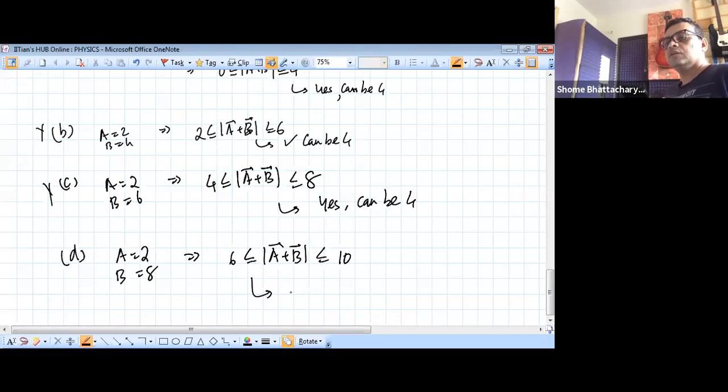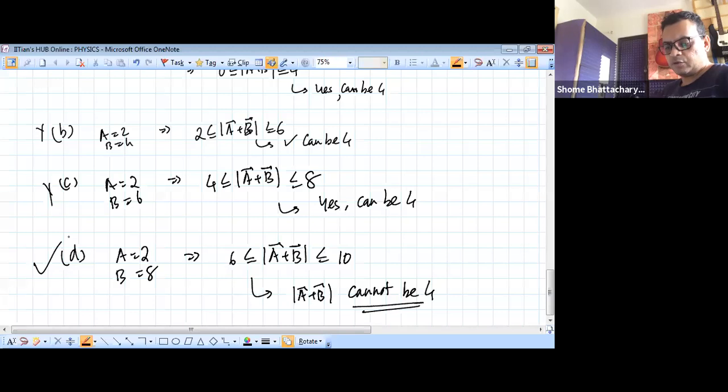Therefore the magnitude of A plus B cannot be 4, because 4 is below 6. So this becomes the right answer. So D should be the correct option. You can just check the answer key for me, but I have not gone through it in detail, but it should be the answer D.